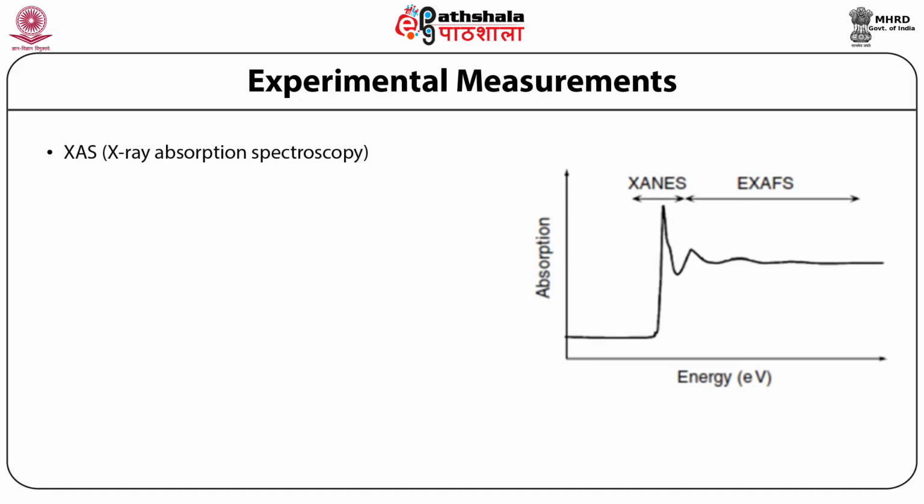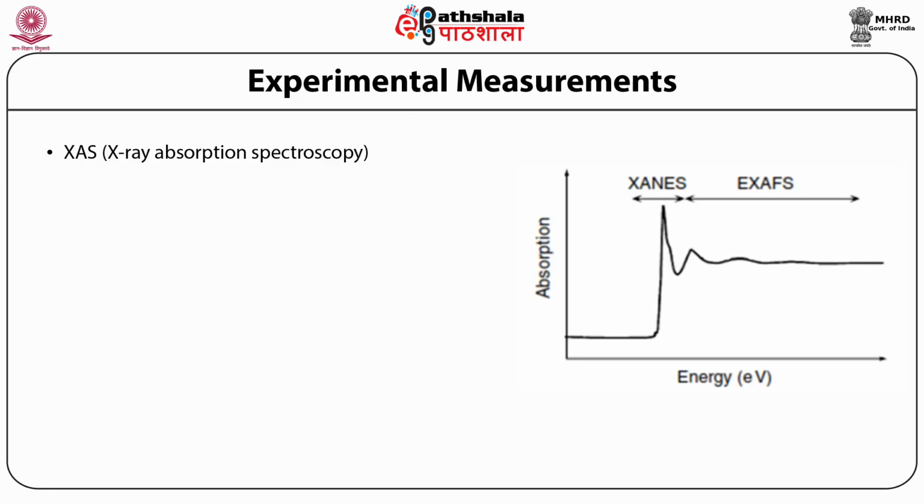And this diagram which you see on the right hand side is an absorption edge, but slightly magnified, and you can see that there are wiggles and oscillations. These wiggles and oscillations are characteristic of the chemical environment. So this gives very important information. On top it is written XANES and EXAFS.